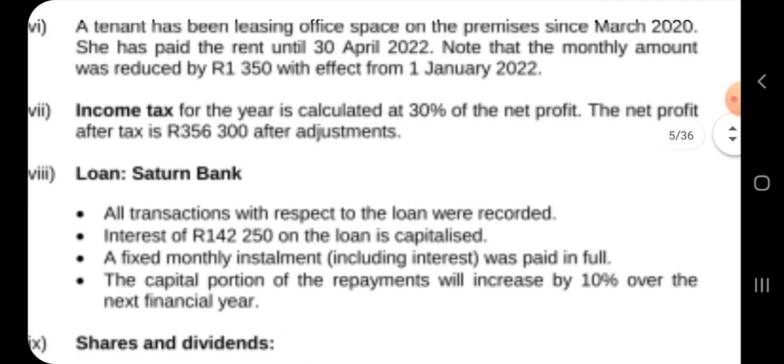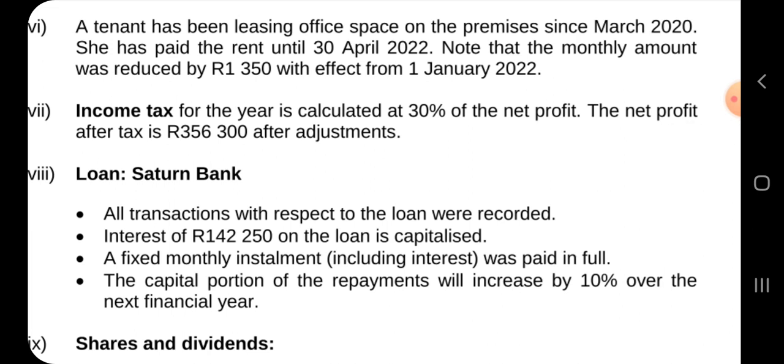So what we do is that we want the 70% that is missing, the total amount before the 30% was deducted. So you say 100 minus 30, you get 70. And then you will take the 356,300, multiply it by 100, divide by 70.